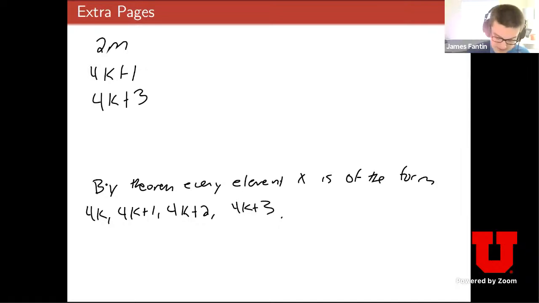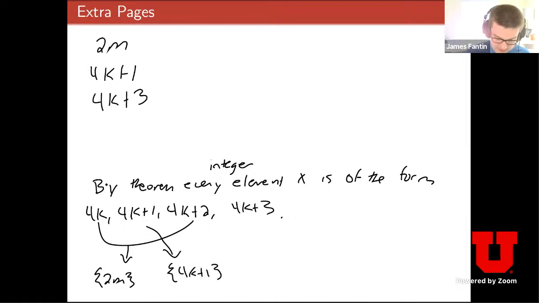And since the division theorem is telling us every integer can be of this form, then we just have to break down the cases. So this 2 can go into the set containing 2m, right? This goes into the set containing 4k plus 1, and then this would go into the set containing 4k plus 3.